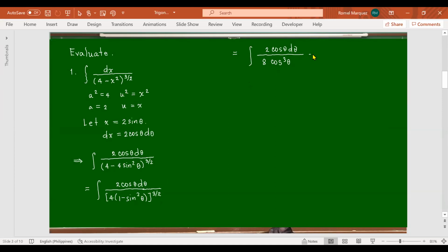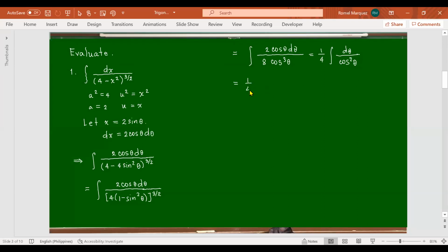So from here, we now have 2 over 8, that's 1/4, times the integral of 1 over cosine squared. Guys, if I bring that up, this 1 over cosine squared, what is that equal to, guys?